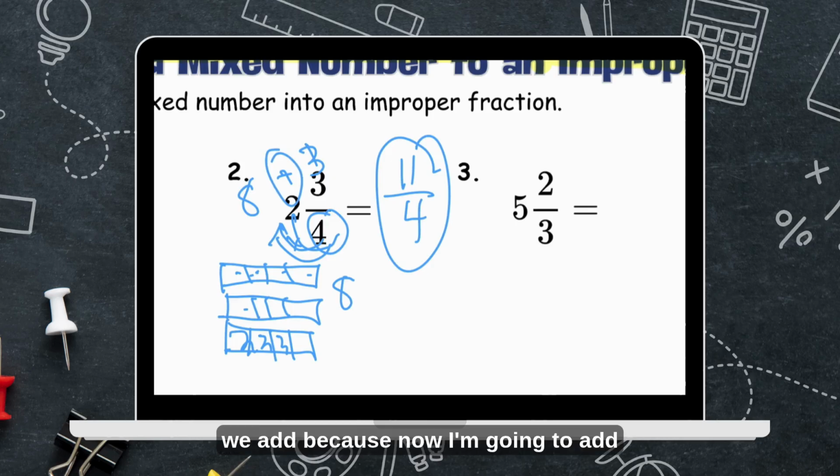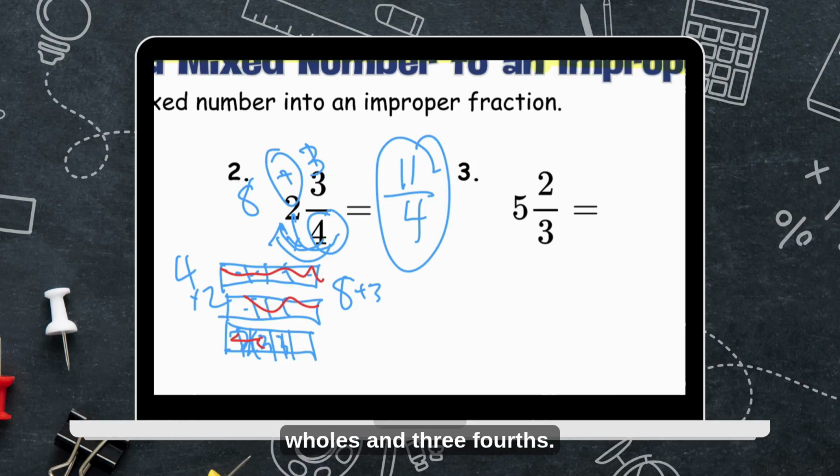And this is why we add: from the last cake I add 1, 2, 3. So 8 plus 3 is how I get 11. That's why we do 4 times 2 and 8 plus 3, around the world, and we get 11/4. Visually, we can see that 11/4 is the same amount of cake as 2 wholes and 3/4. So that's our answer to number 2.